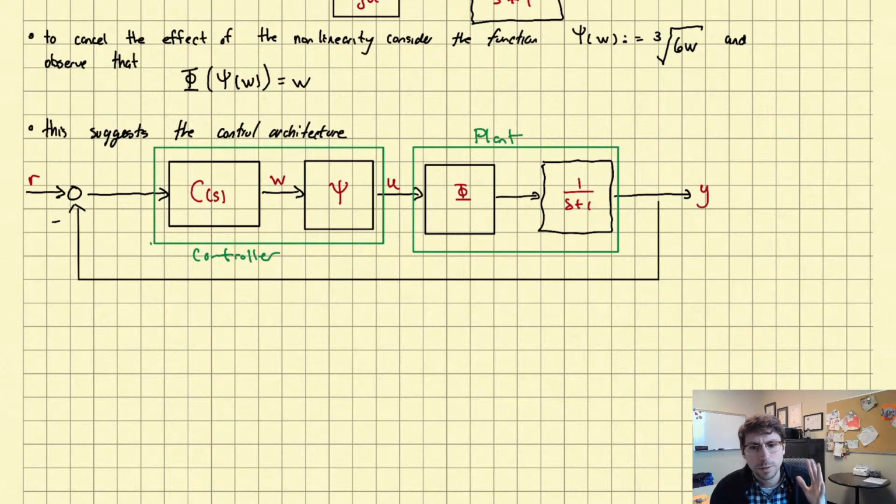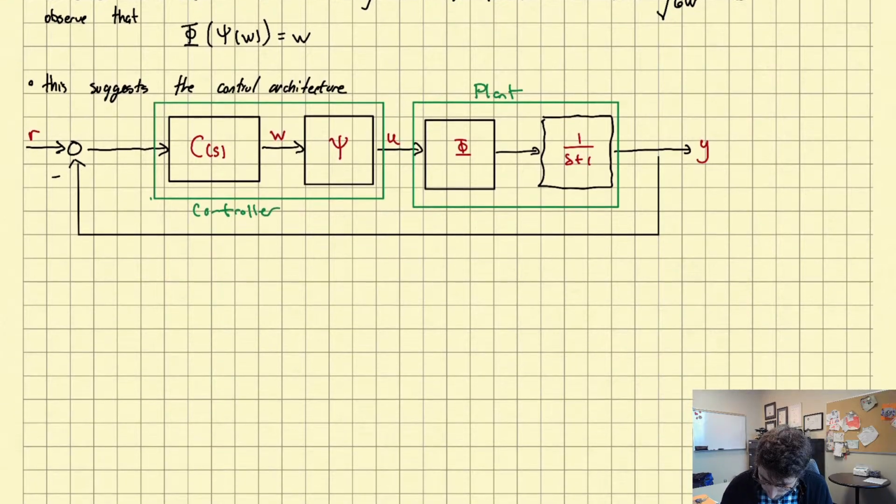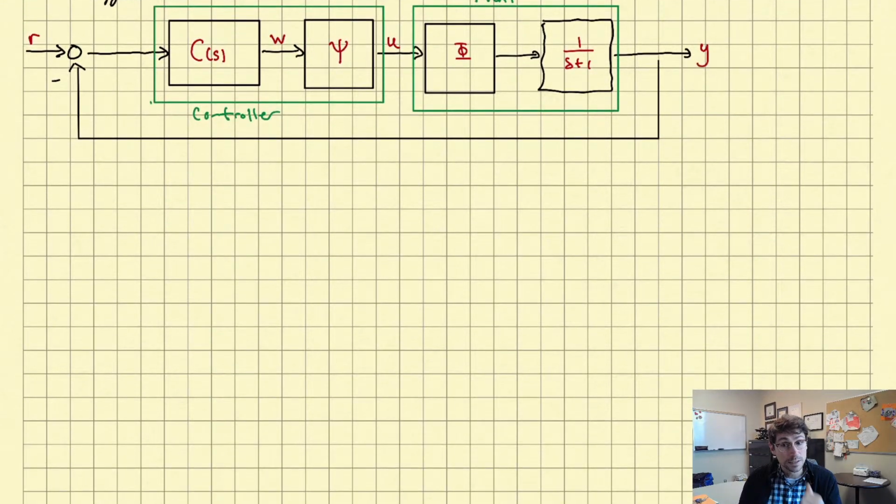At the end of the day we get a linear system. As opposed to approximating the model of a nonlinear plant, we're making a clever choice of control to cancel out the nonlinearity and get a linear system. It's a simple idea, but it's actually an important idea in control design.